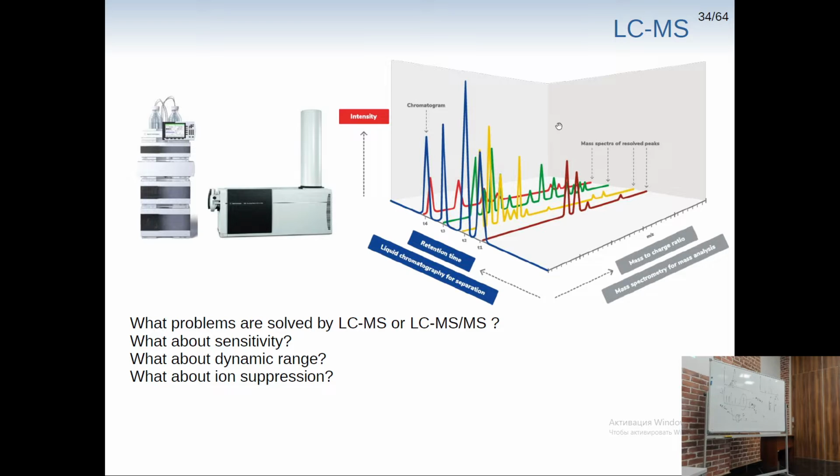Also, if we ever have to do a quantifiable approach for our mass spectrometry, we have to take into consideration ion suppression. If there is something that can ionize better, it can rob other analytes of protons, and they will not be able to ionize, and their concentration will appear small, right?